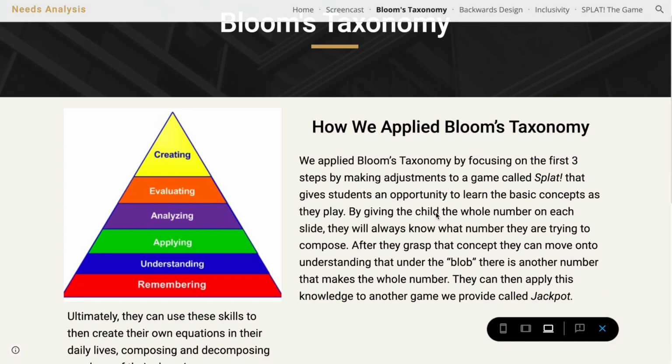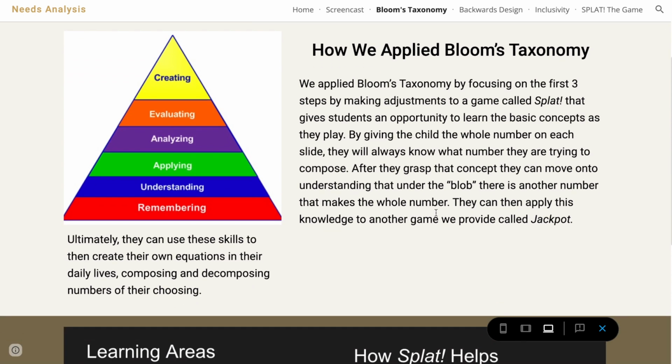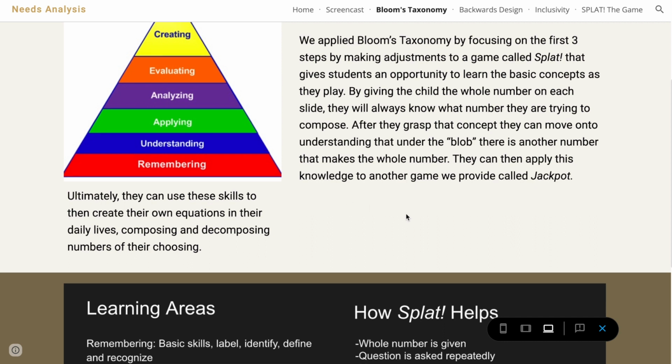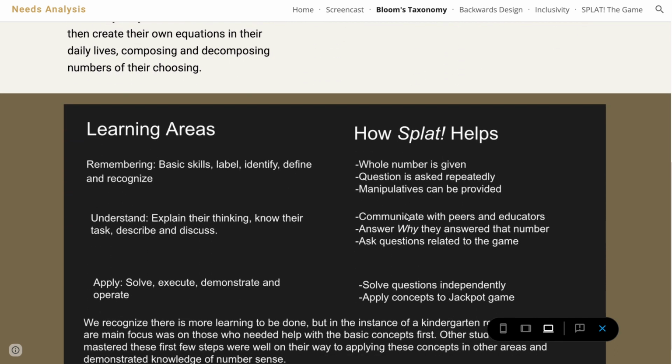So how we applied Bloom taxonomy, it's explained here on my site. We focused on the first 3, remembering, understanding, and applying. We felt that was the best to focus on since we do have a class of 30 children and it was near the end of the year.